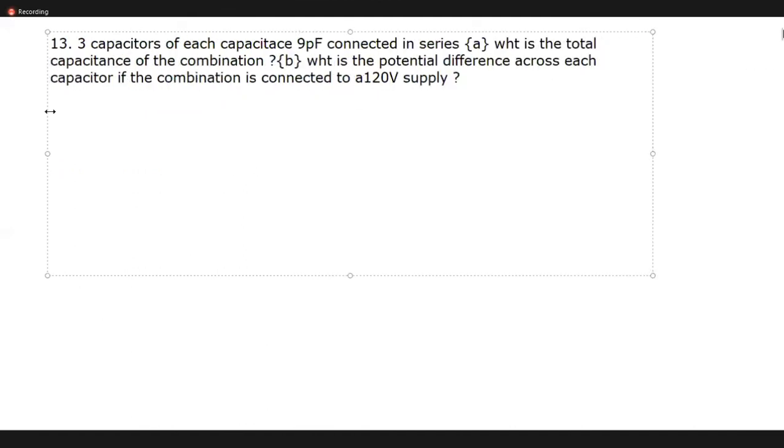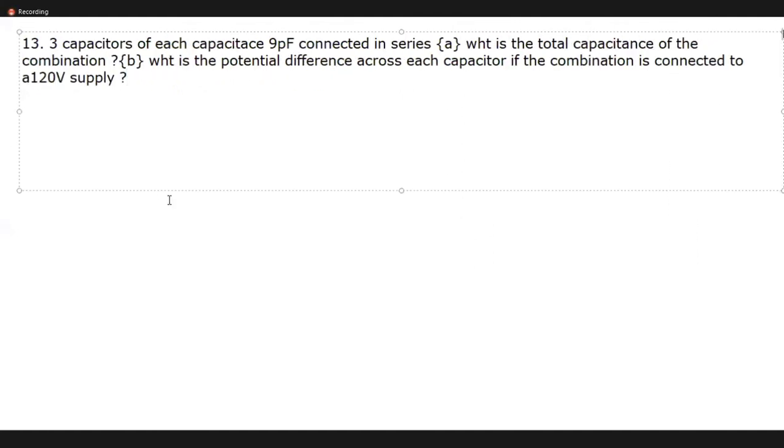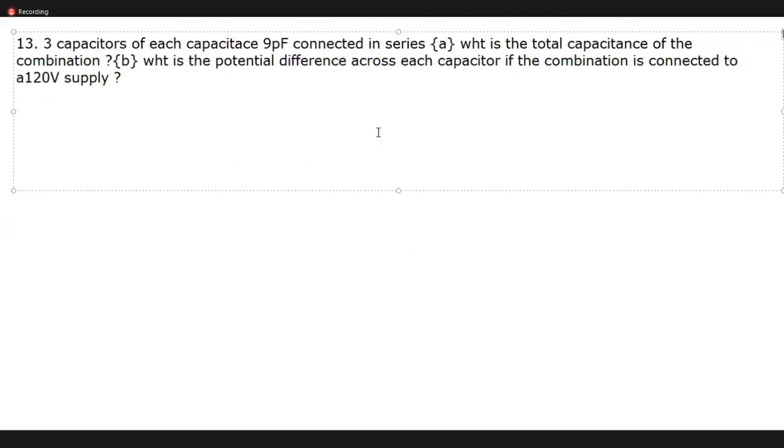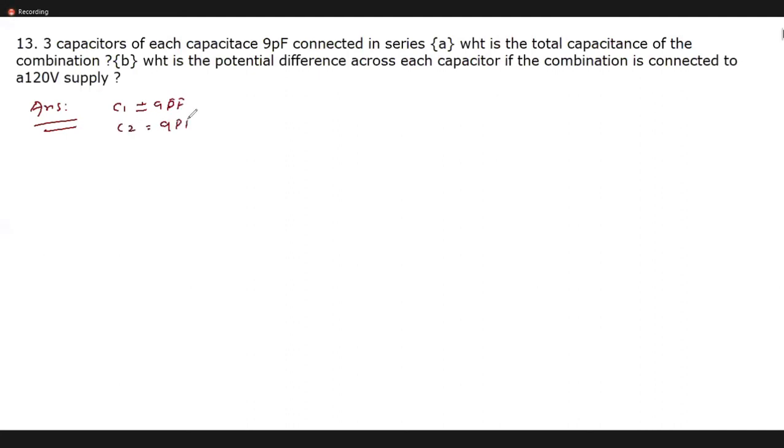Ma'am, for part A, is it 3 pF? Yes, good. What about the remaining students? Please do it fast. So here C1 is 9 pF, C2 is 9 pF, and C3 is 9 pF. When they are connected in series, 1 by Cs is equal to 1 by C1 plus 1 by C2 plus 1 by C3.